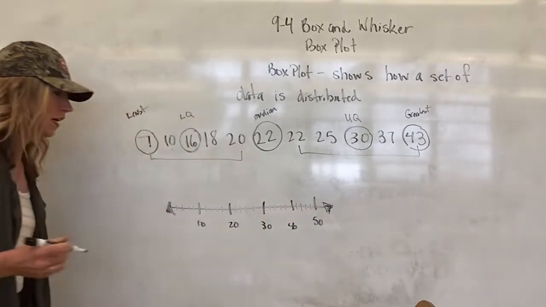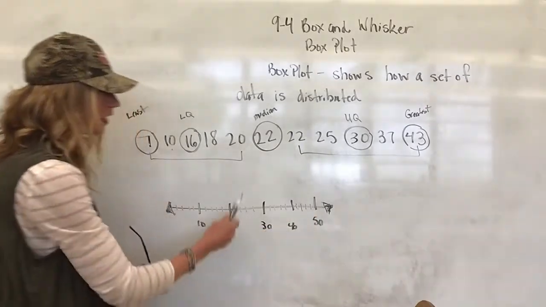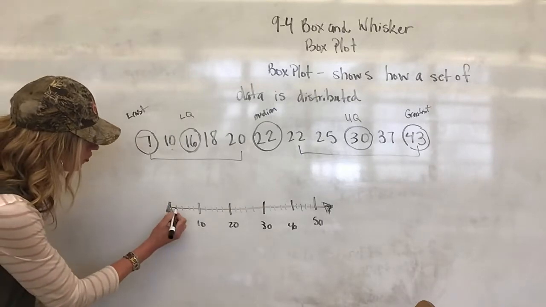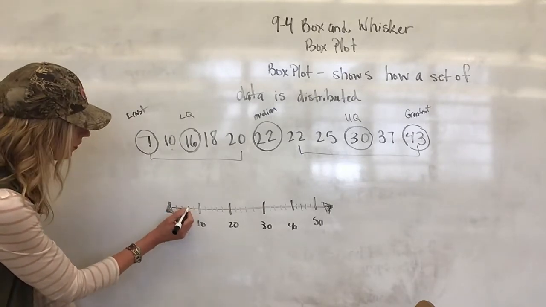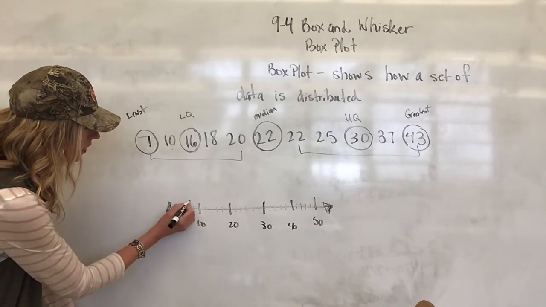My pen's dying on me. Okay, so now we've created our number line that makes sense to this data. Least. So 2, 4, 6, the first number is a 7. So I'm just going to go 2, 4, 6 right here.